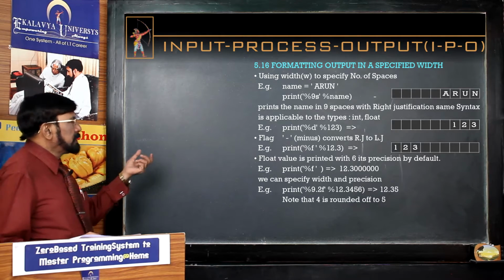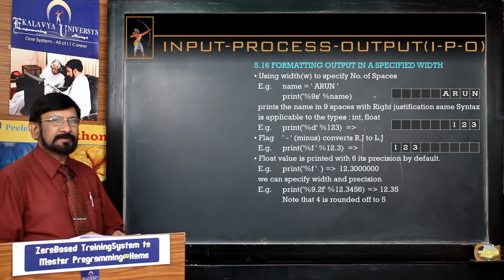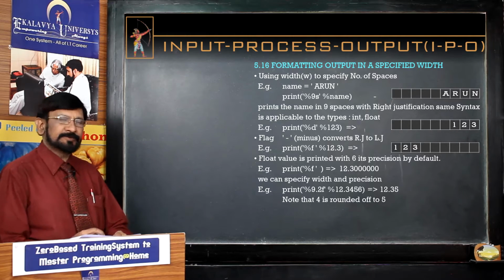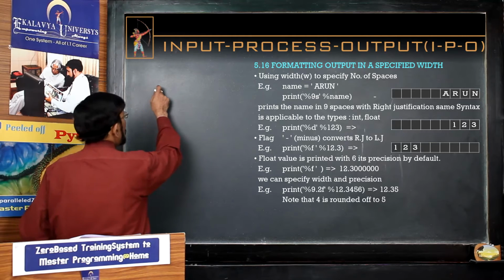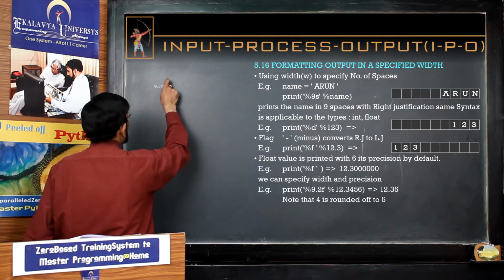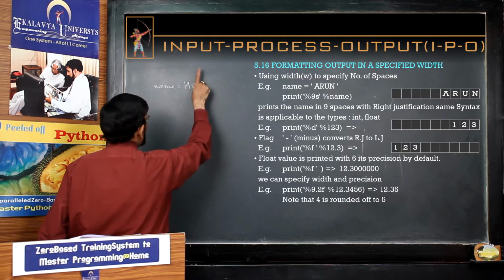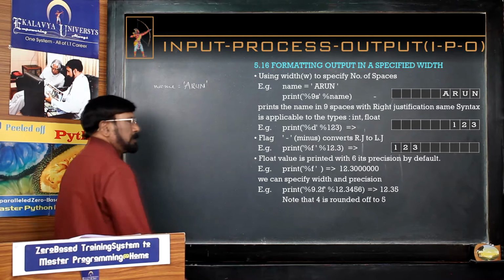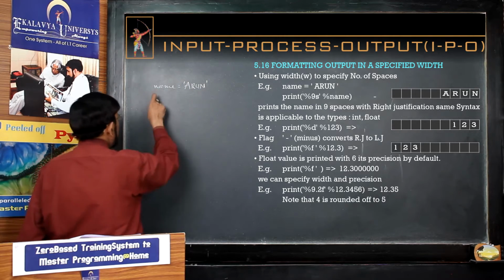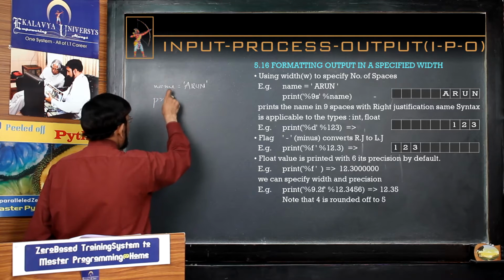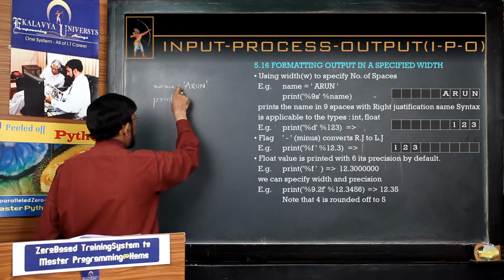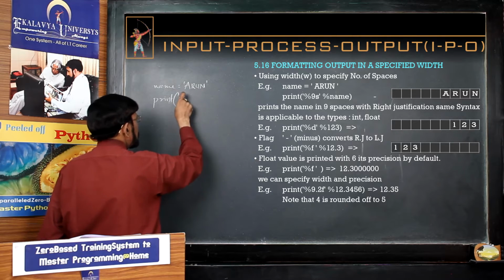Actually, now I introduce three types of elements. First, let us take a string. Now, I declared a string name Arun. Now, you know that print. What is the conversion specifier for string?